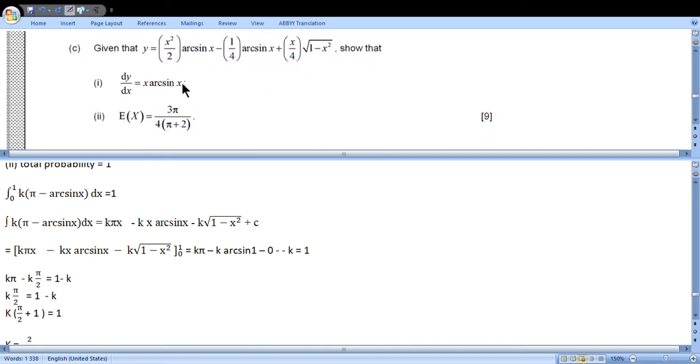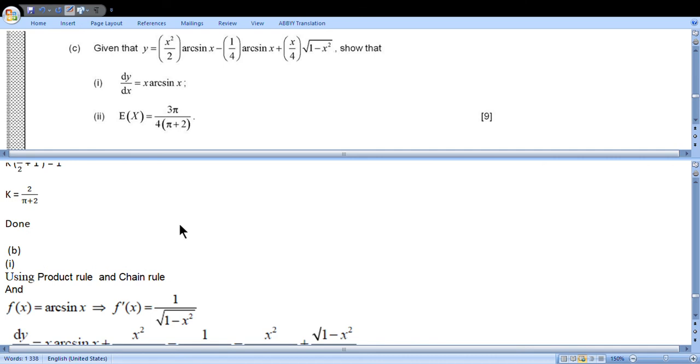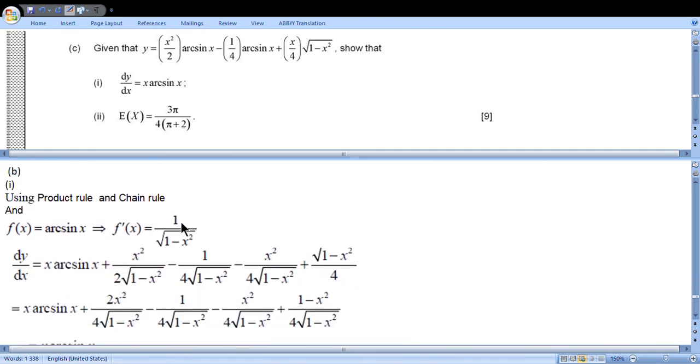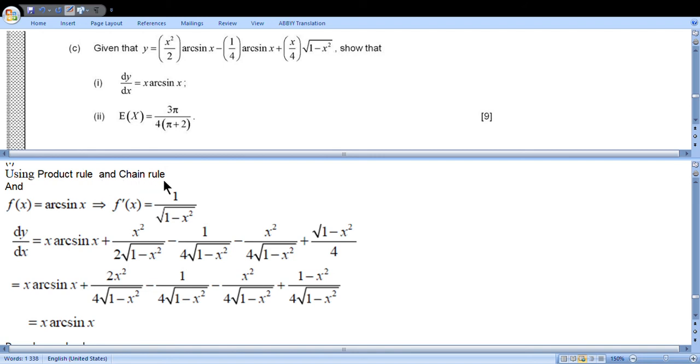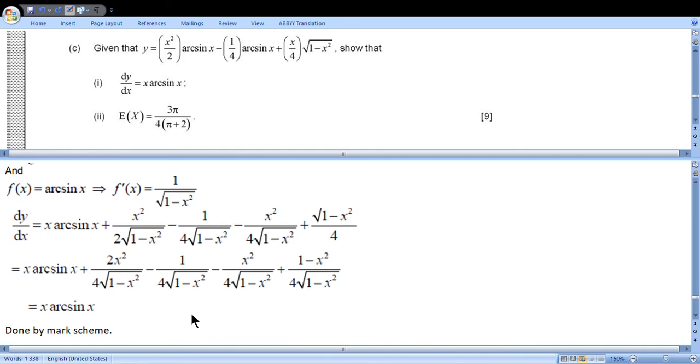Given that y equals this expression, show that dy over dx equals this. That's awful, so I decided to use just the mark scheme. Using the product rule, the chain rule, and the derivative of arcsine, step by step, if you do it accurately, you will get this answer.